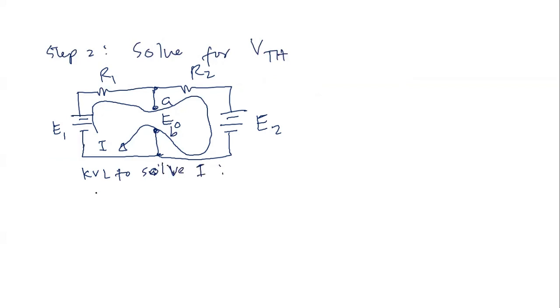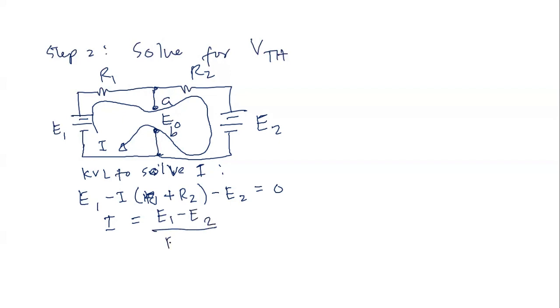Okay, so we have E1 minus I times the sum of R1 and R2 minus E2 equals 0. Solving for I, we transpose it to the right side, then we have I equals E1 minus E2 over R1 plus R2. The unknown here is not the I, but we need I in solving for the EO.